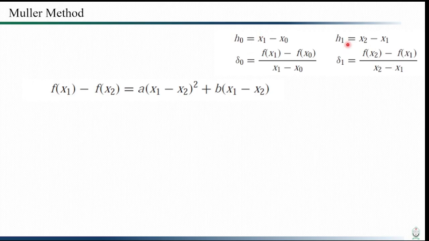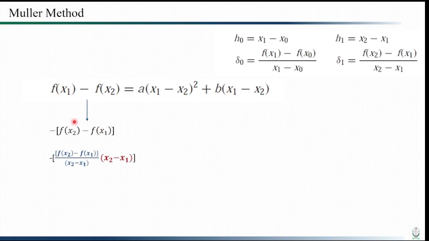So these are the four known quantities in our hand, and this is equation 5. Let's see how we can rearrange this equation in terms of these known quantities. On the left hand side, we can take minus outside, and inside the bracket we can write the same thing as f of x2 minus f of x1.